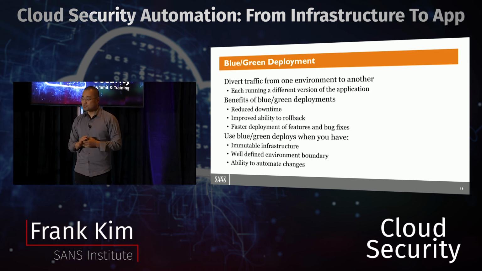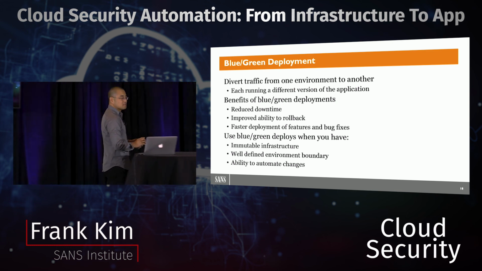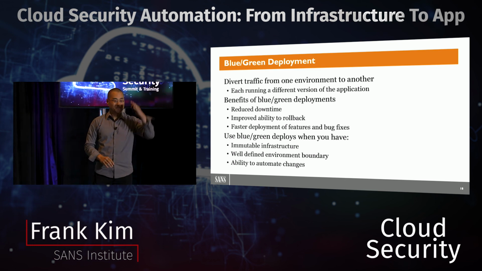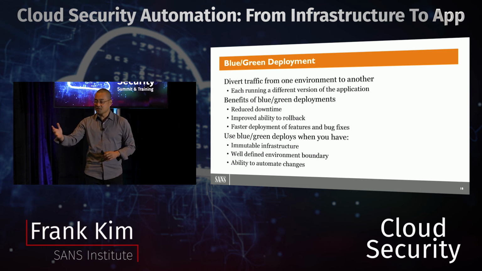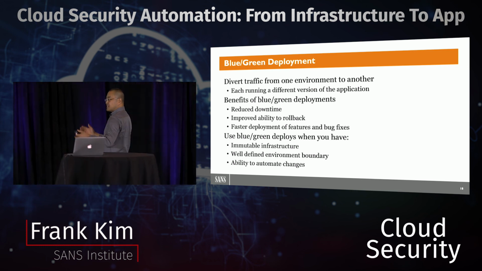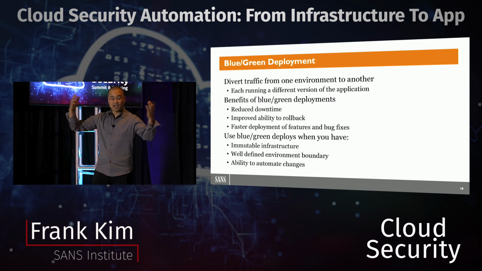Now, why did so few of us raise our hands when I said who here is doing blue-green deployments? Before the cloud especially, why was it so difficult to do blue-green? Cost, right? Resources, time-consuming. Blue-green in traditional non-cloud environments essentially meant that you had to have an identical set of infrastructure to your production infrastructure up and running.